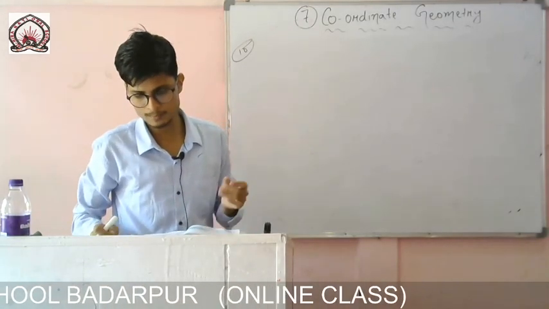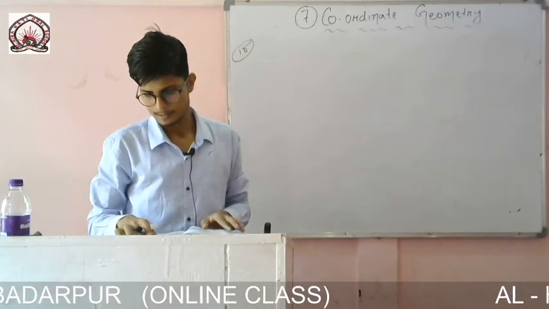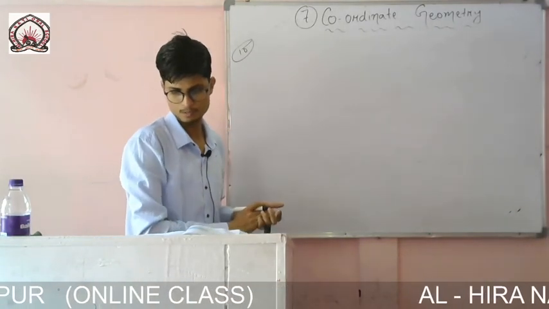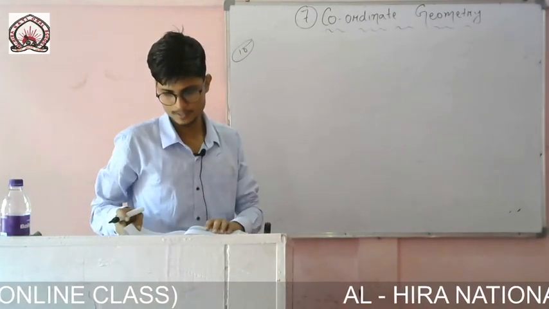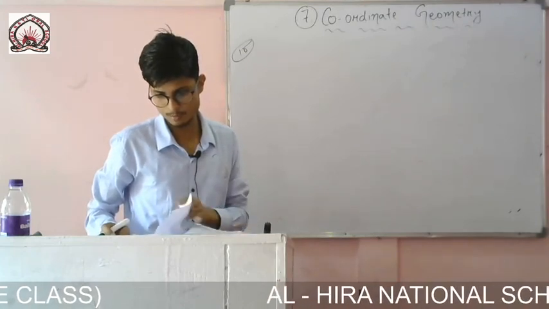So find the relation between x and y, you have to relate them. Okay, so point P(x, y) is given, equidistant from the points (3, 6) and (-3, 4).